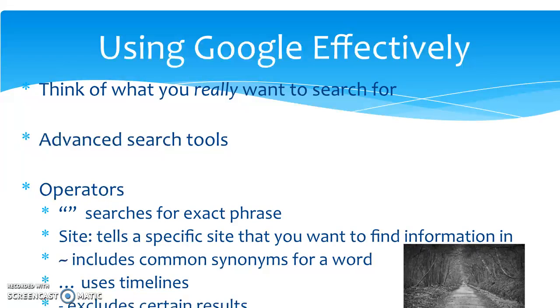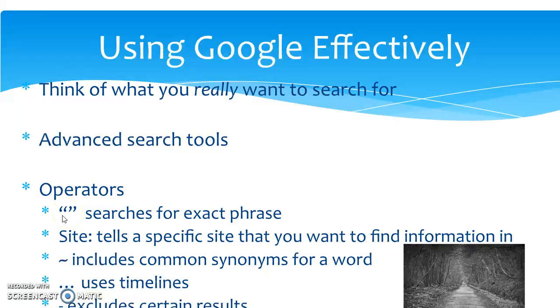But that's not what you want. You want to know cell phones in school, so you would put that exact phrase in quotes, and that's going to limit what comes back to you and only show you results that have those exact phrases in there. So this can be really helpful when you're researching.